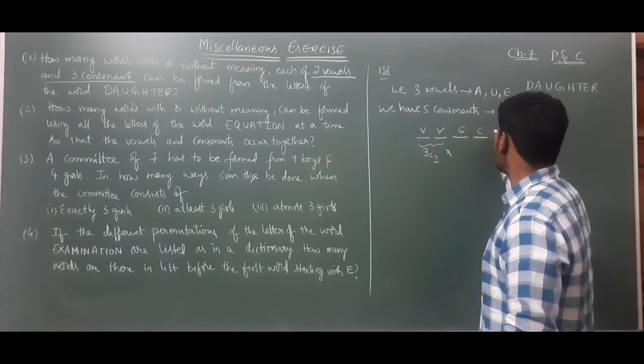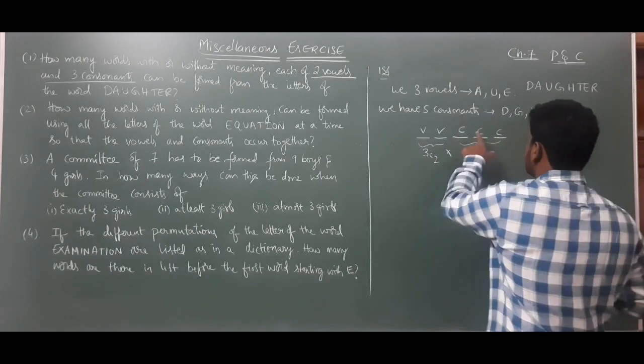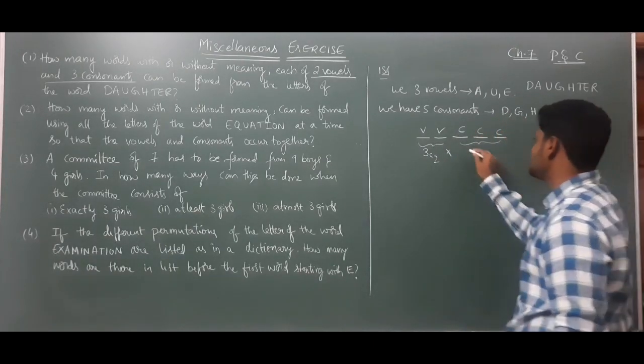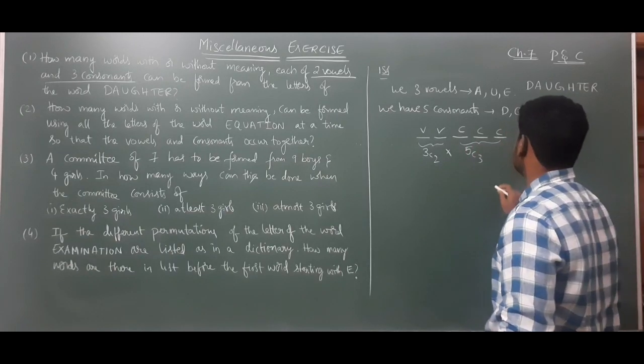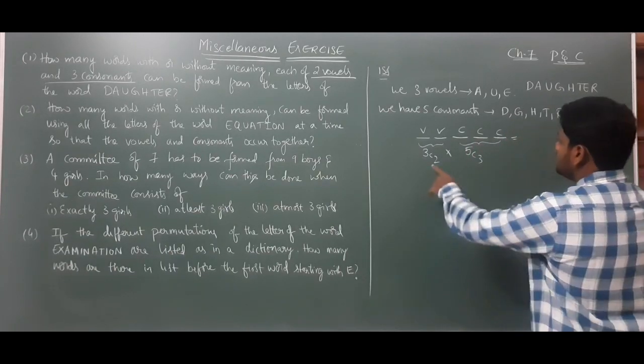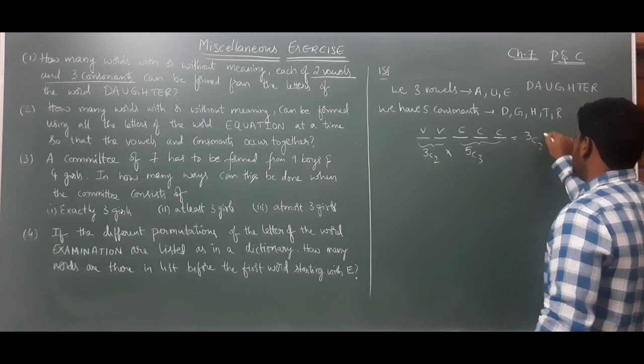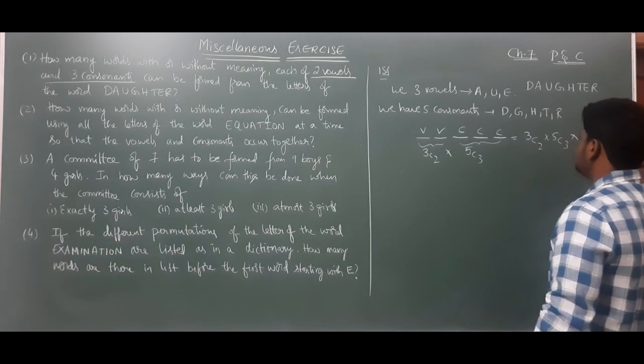And then 3 consonants we can select out of 5 in how many ways? 5C3. So here we will get 3C2 into 5C3 into.